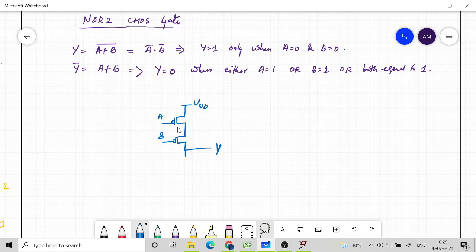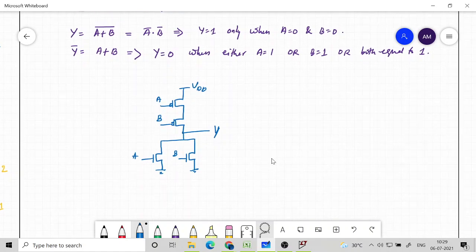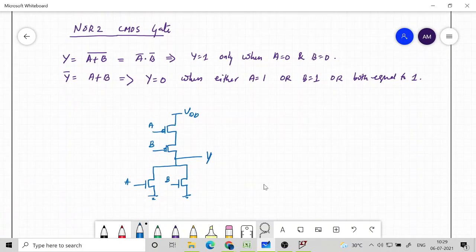And then here there are multiple ways, 3 ways, and that is achieved by NMOS transistors.